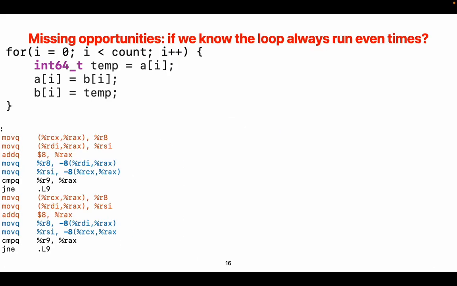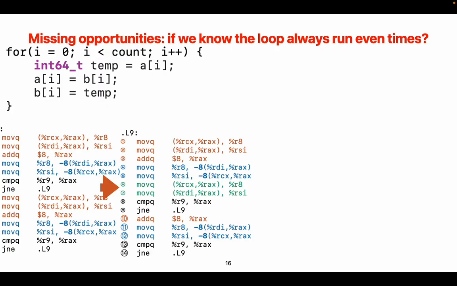Okay, let's do something more creative. I mentioned this is a loop, right? So what if I know ahead of time there is going to be a lot of loop iterations that I'm going to run? Like if you are the DMV, every day we are busy, I always have people that I can run. Then what I can do is be more aggressive.